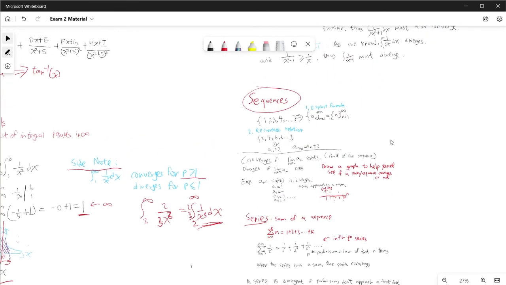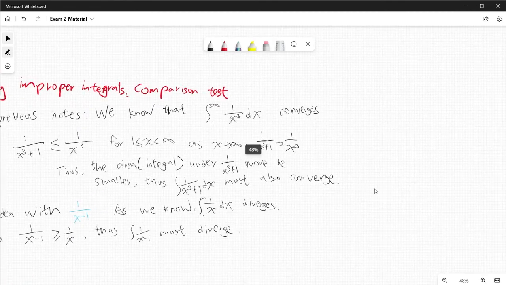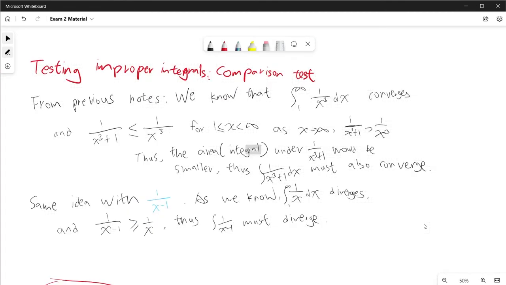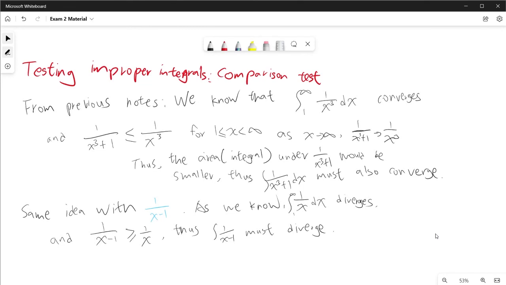And the other thing for improper integrals is the comparison test. It's an easy way to know if an improper integral is divergent or convergent.